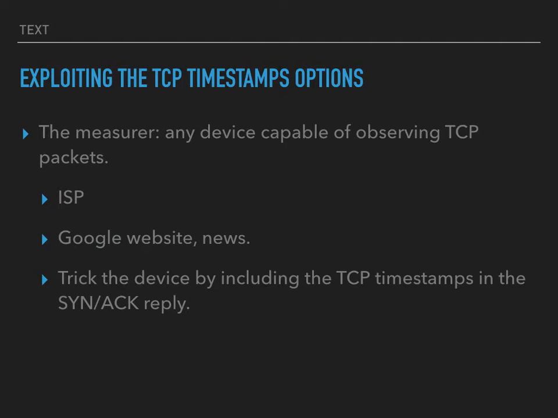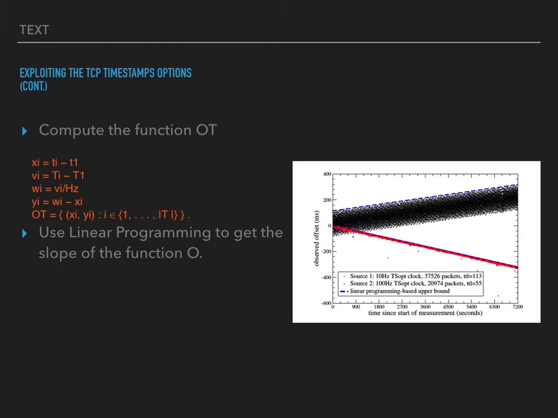After a certain time, the fingerprinter collects enough TCP packets, and then it computes the slope of the function O. In the picture here, the black bars are all of the X and Y data obtained from the TCP packets.